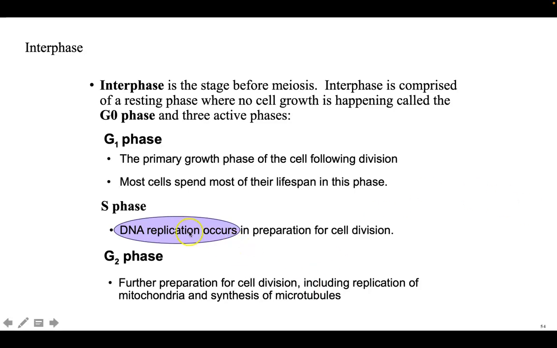So whenever a germline cell needs to start making gametes, that's when the S phase of interphase happens, because DNA replication will begin to occur to prepare for that cell division. In the G2 phase of interphase, there's more preparation before meiosis, which includes replication of mitochondria and synthesis of microtubules.